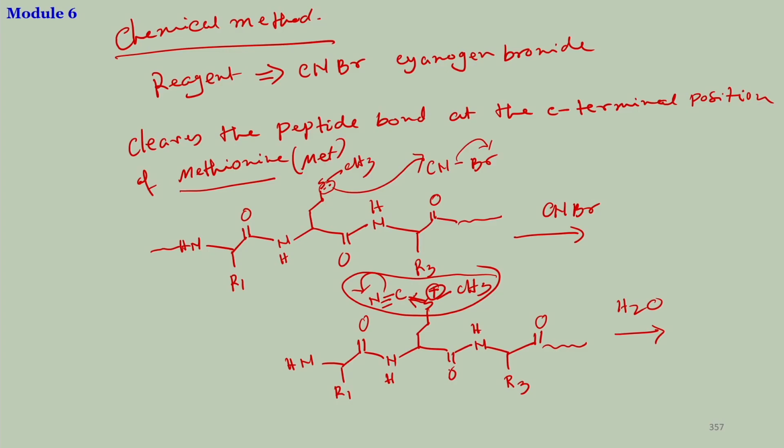Although the peptide bond is not very reactive, because you have a pretty good leaving group, this reaction happens. It will attack this carbon, eliminating the whole thing, the sulfide, and you get a cyclic compound which will look like this.